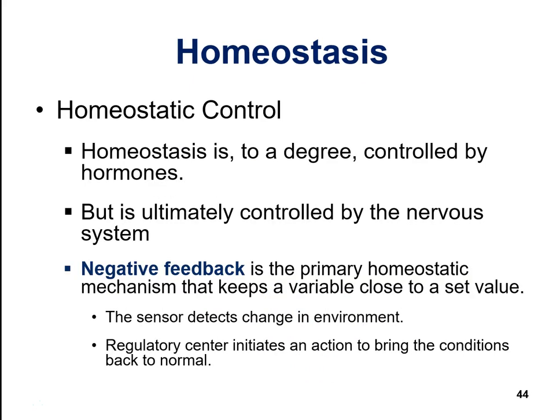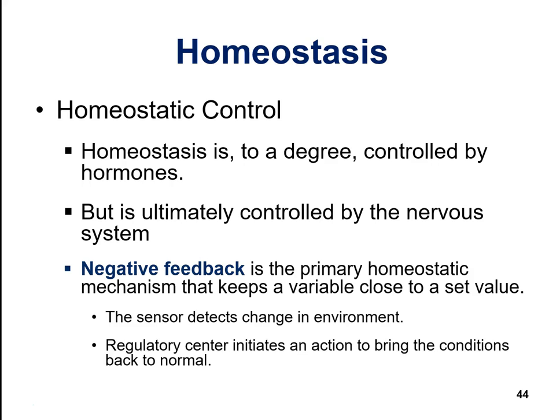All right. So for homeostasis, a little bit more, right? If we're going to give examples, it says it's controlled by hormones, but it's ultimately controlled by the nervous system. If we talk about two mechanisms involved in homeostasis, or actually one primary one, because if we talk about positive feedback as well, that takes you basically away from homeostasis, but for good reason.